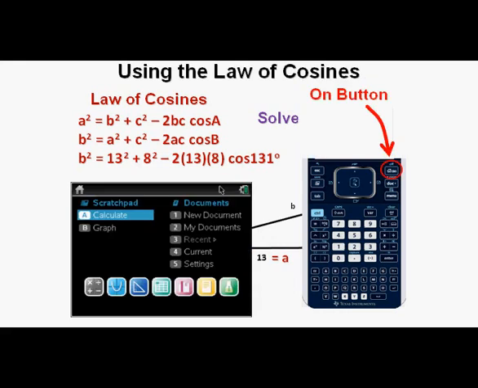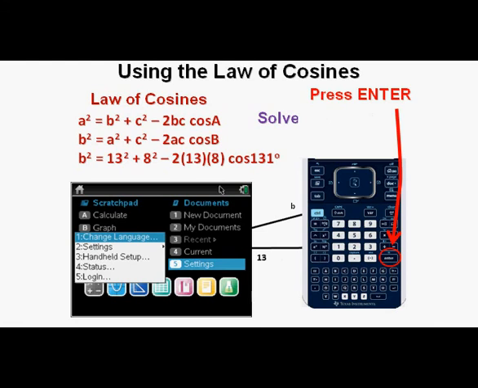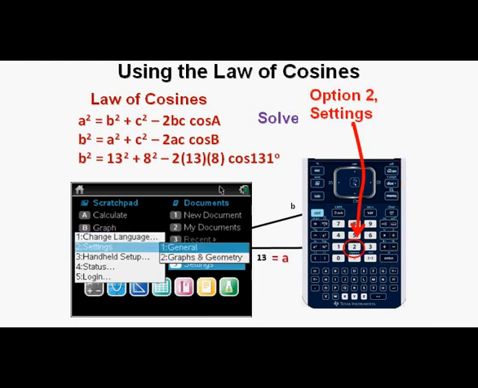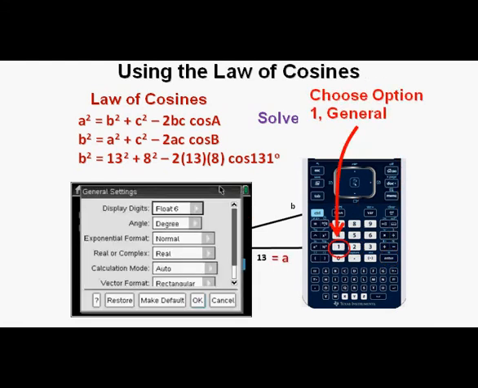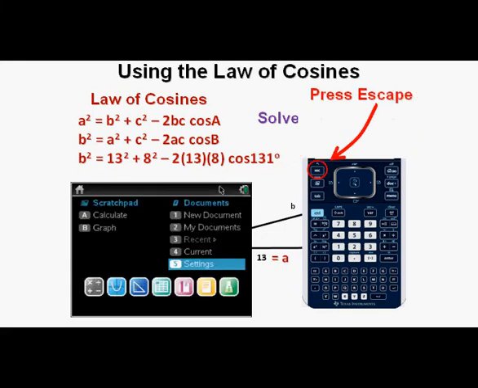Since we're using degrees because of cosine 131 degrees, first go to the Home button at the upper right corner of the keypad, go to option 5, Settings, press Enter, press 2 for Settings, press 1 for option number 1, General, and we see that we're in degrees for angles, which is where we need to be. If not in degrees, we change the setting to degrees and tab down to OK to make the change. Next, we press Escape at the upper left of the keypad.